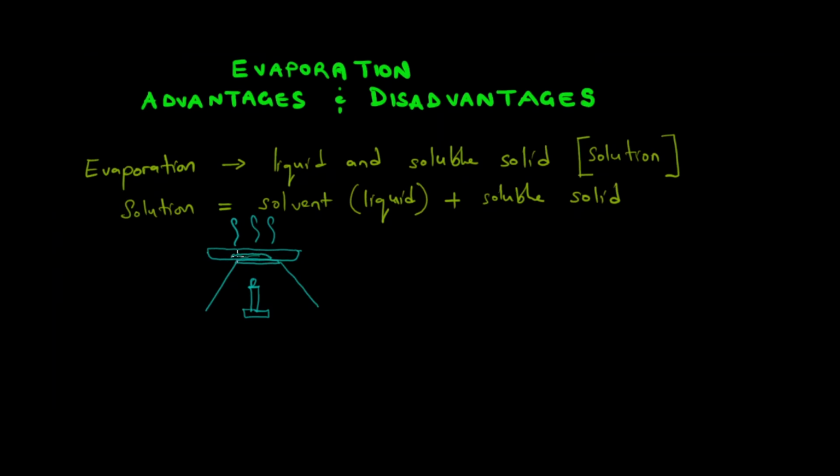Then the particles that were broken down and dissolved into the liquid will start to crystallize, and those crystals are what get collected. That is what we wanted to separate from the solvent or liquid. So this is briefly a revision of evaporation as a separation technique.